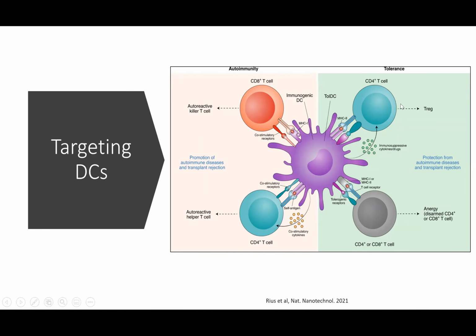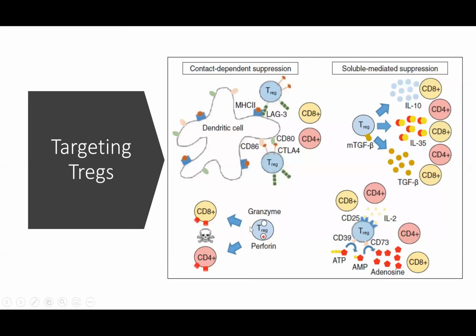However, cancer cells tend to induce tolerance or resistance of dendritic cells, and in this case they will not be able to activate the CD4 or CD8 positive T cells. So our target here is to maintain the dendritic cells in the active, mature state, so they have high antigen-presenting capacity and activate both types of T cells.